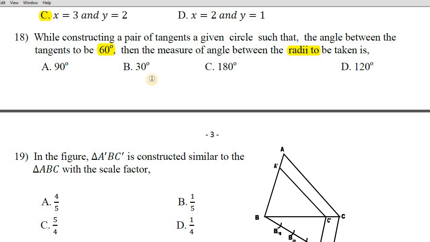I mean, angle between the tangents and angle between the radii. You keep it in the mind, the sum of angle between the tangents and angle between the radii is 180 degree. It means supplementary angles. So here angle between the tangents is 60 degree, therefore angle between the radii should be 120 degree.